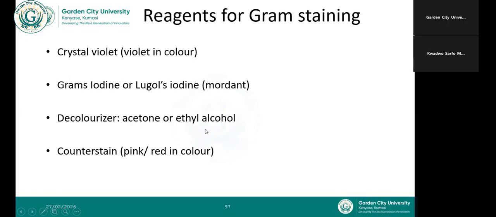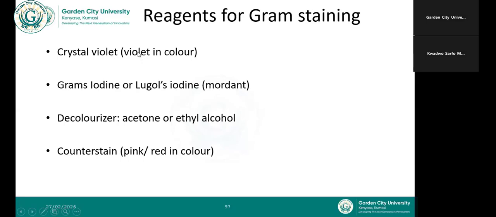So that's how we are able to differentiate gram-positive bacteria from gram-negative bacteria. We decolorize with acetone or ethyl alcohol, and the counter stain is usually carbol fuchsin or safranin. Crystal violet is a primary stain, which is violet or purple in color.